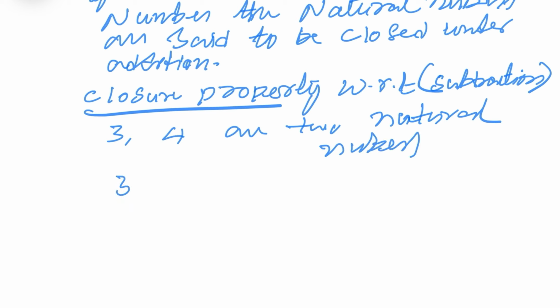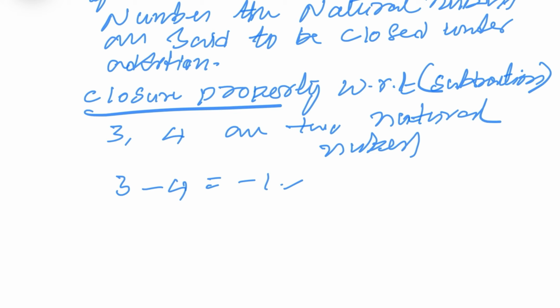Then what is 3 minus 4? With respect to subtraction, we are discussing this property. 3 minus 4 is minus 1, which is not there in the set of natural numbers, because natural numbers start from 1, 2, 3, likewise till infinity. So minus 1 is not present in the set of natural numbers.